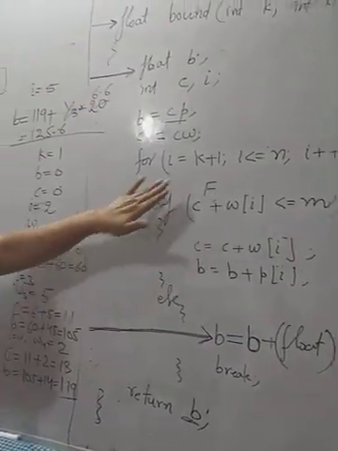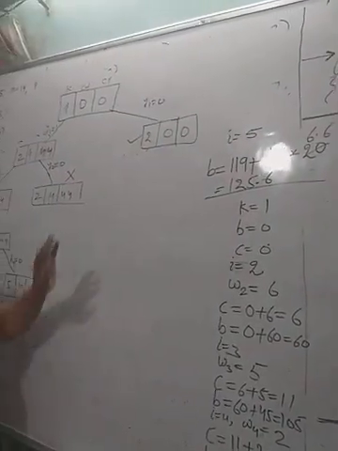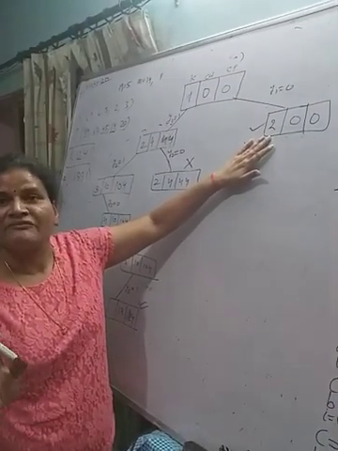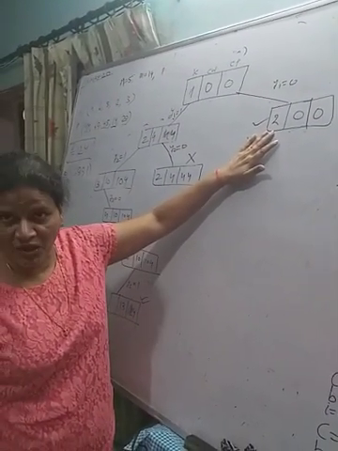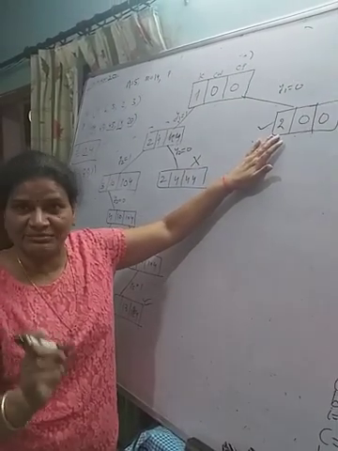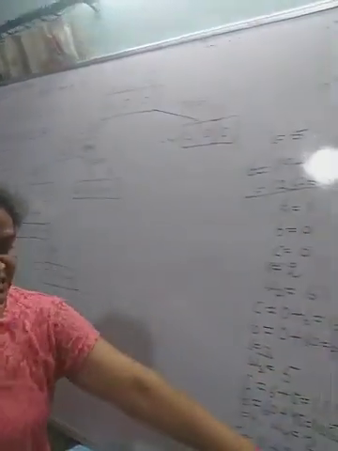So here, for the right branch from k plus 1 to n, fractions are allowed, and we solve the problem using the greedy method and calculate the profit.